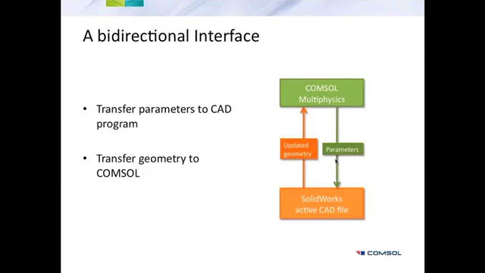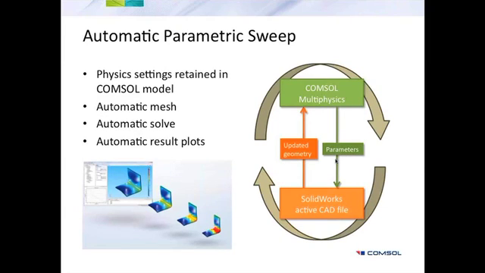Now, how does this work? Well, as I mentioned before, you transfer geometry to your COMSOL model from SolidWorks. And from COMSOL, you can transfer parameter value pairs to initiate the modification of your design geometry. And then, of course, the very nice part is that you can run all this automatically.